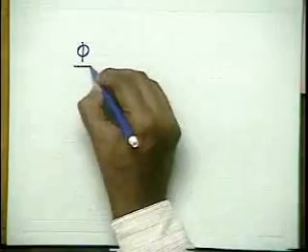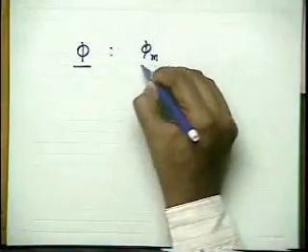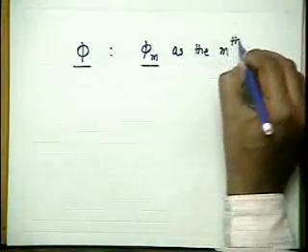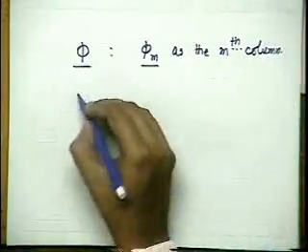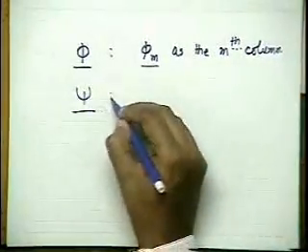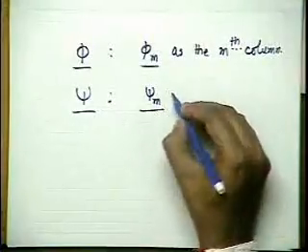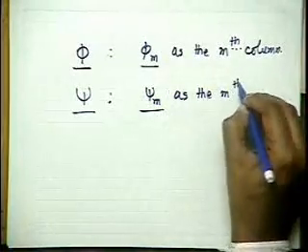So matrix phi is composed with phi m as the mth column. And the matrix psi I am composing with the vector psi m as the mth column.